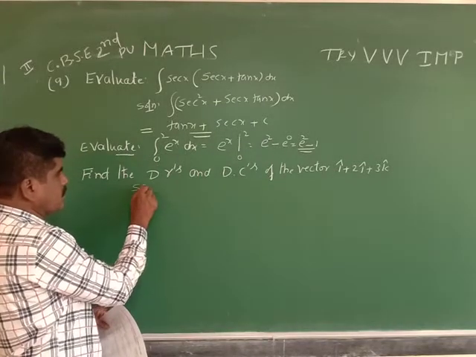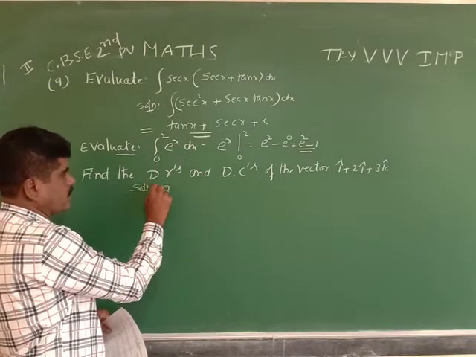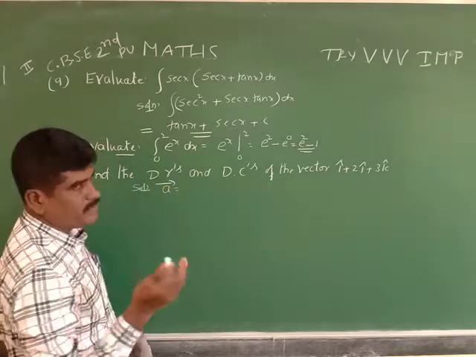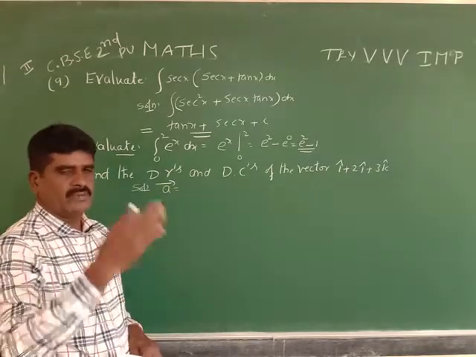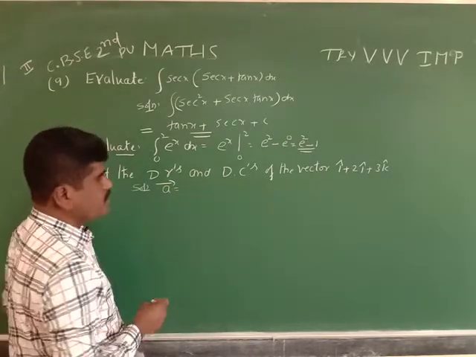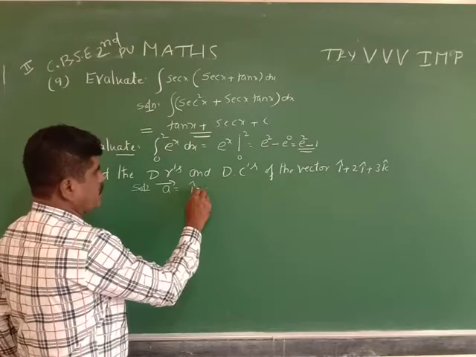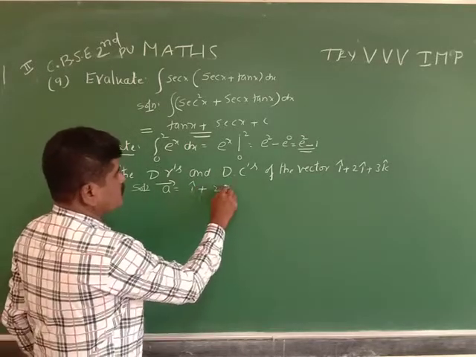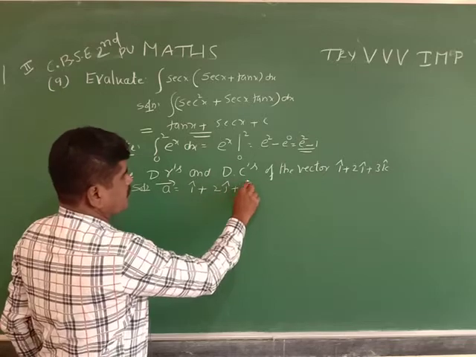Suppose we take the vector name as a, vector a is equal to i cap plus 2j plus 3k.